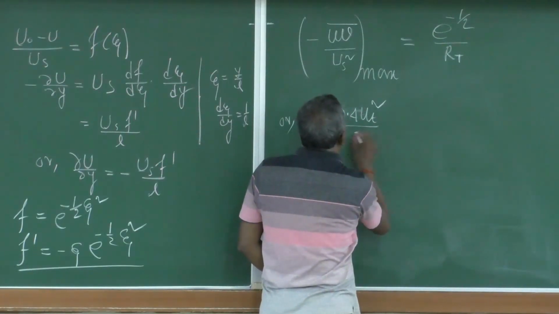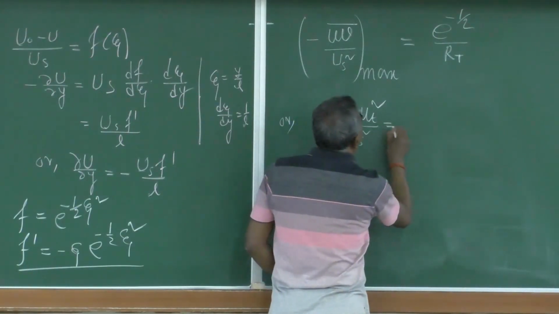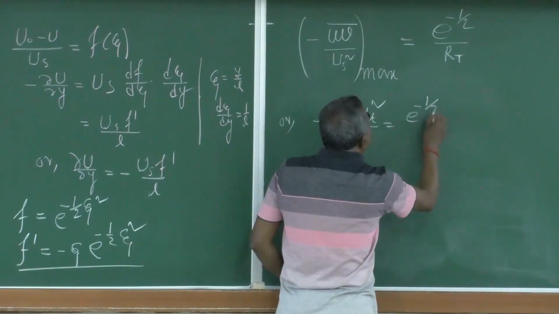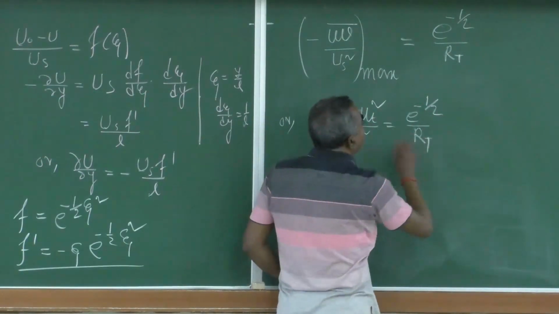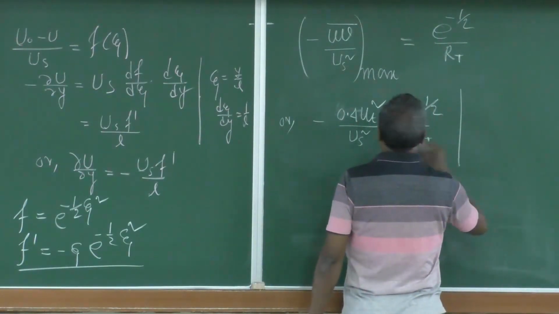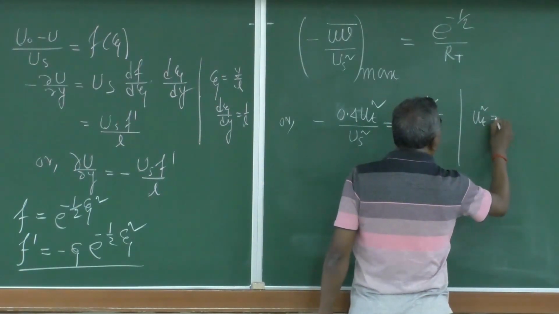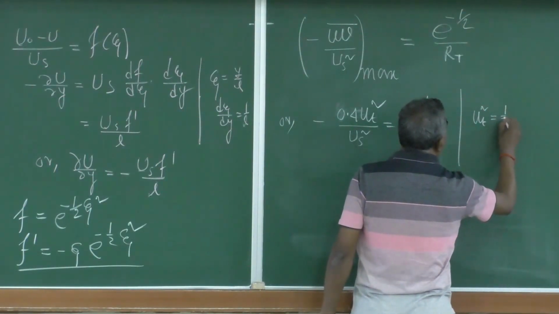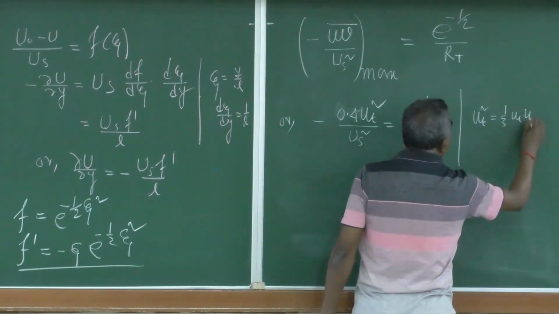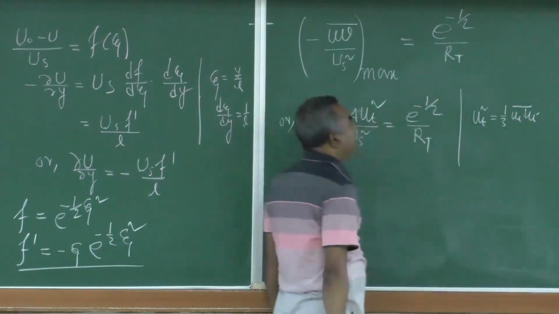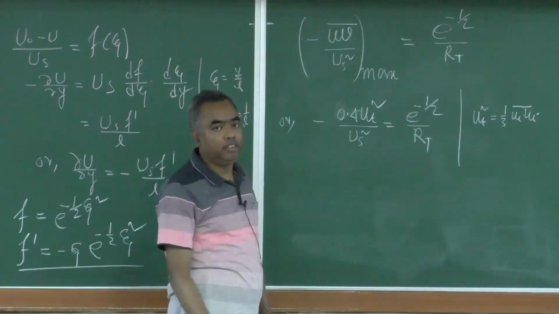Let me finish writing: u s square equals R t, and here u t square is defined as one third of u i bar. That is what u t is by definition.